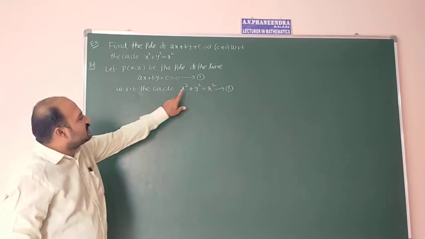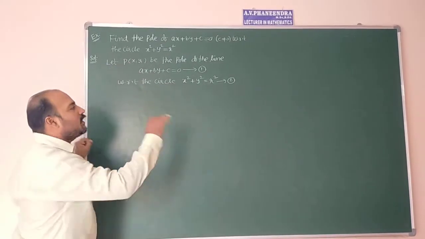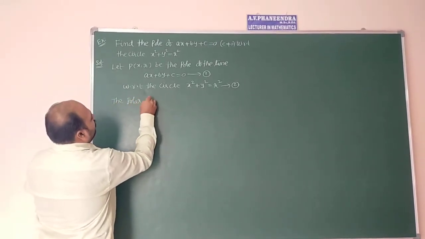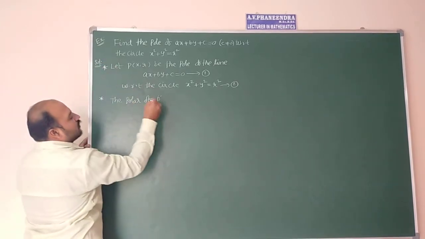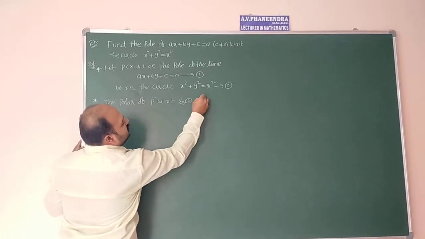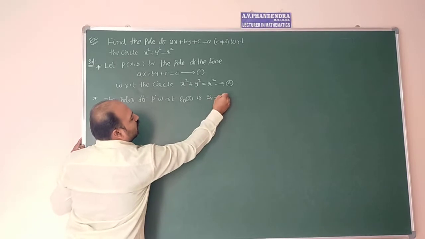We know that whenever a circle and a point are there, we can calculate the polar of P with respect to this circle. The polar of P with respect to equation 2, that means with respect to the circle, is S1 equal to 0.